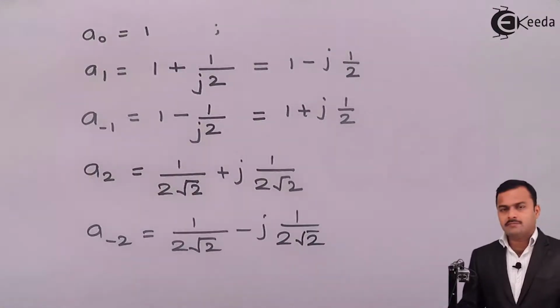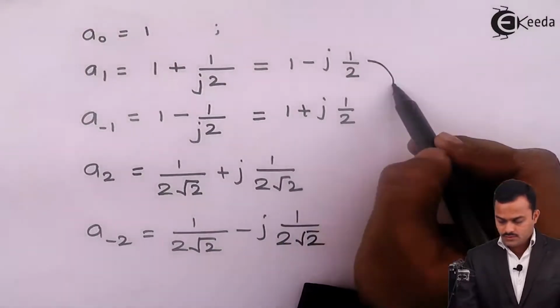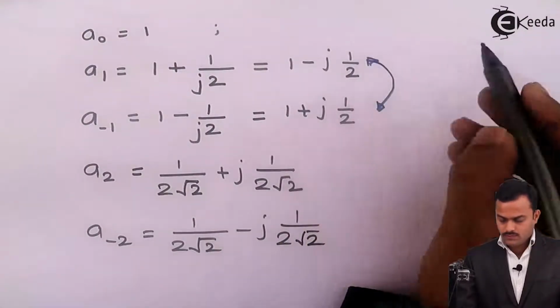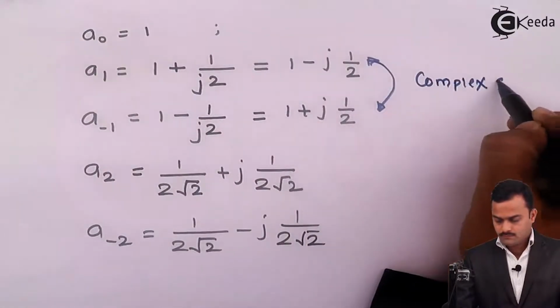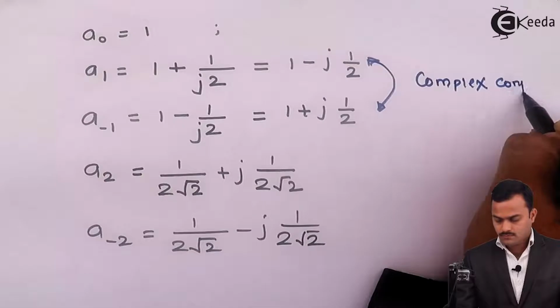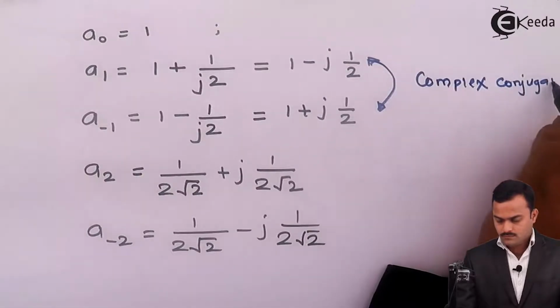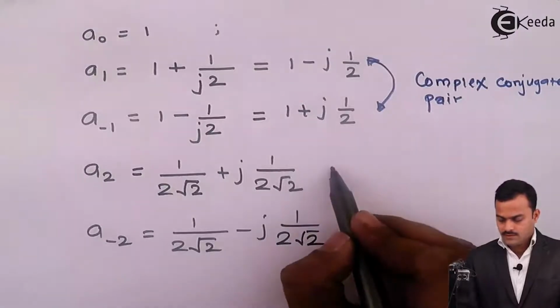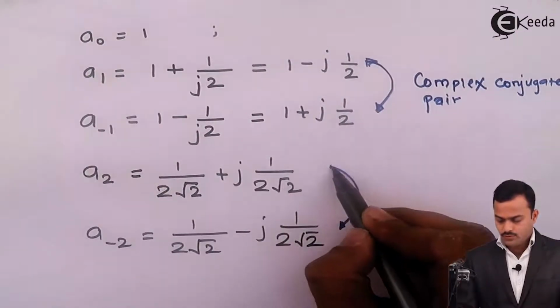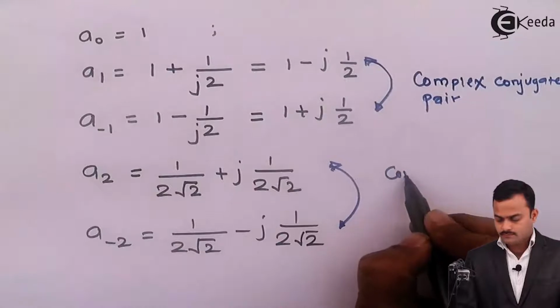Some observation we can make out of it, and what is that? These two are complex conjugate pairs. Similarly, these two form a complex conjugate pair.